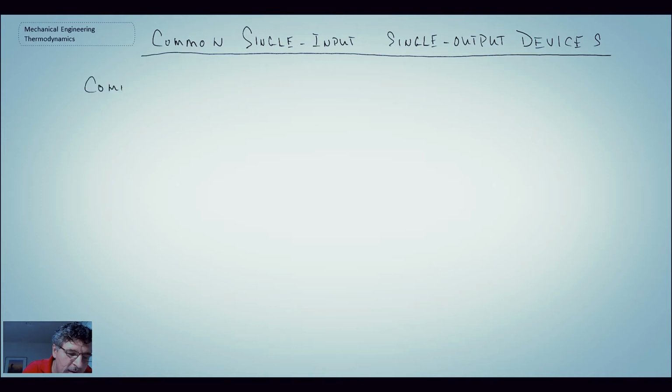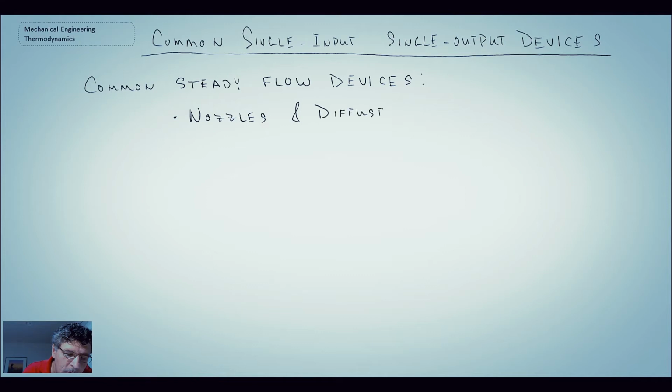So common steady flow devices that fall within that single input, single output definition could include nozzles and diffusers. A nozzle takes pressure and changes it into kinetic energy to accelerate the fluid, whereas a diffuser will take kinetic energy and convert it into pressure of the fluid by decelerating the fluid.